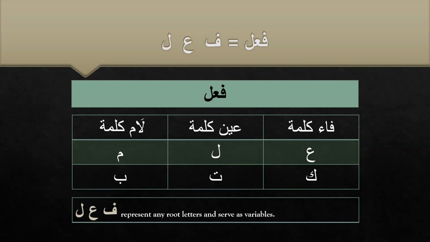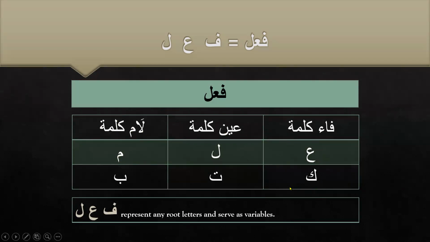So the first letter in each word, the root letters, and they are called the root letters. In each word, whether it is a four, five, or six letter word, we can find out the root letters by looking at the word. The first root letter will be fa kalima. The second root letter will be ain kalima, just like that you can see here. And the third and last root letter will be called lam kalima.